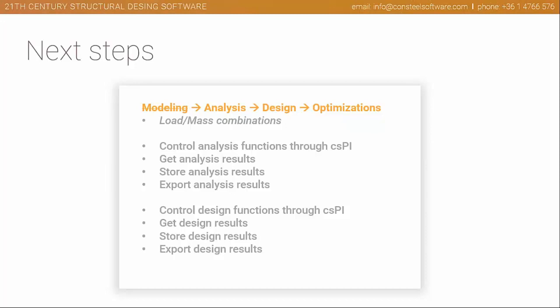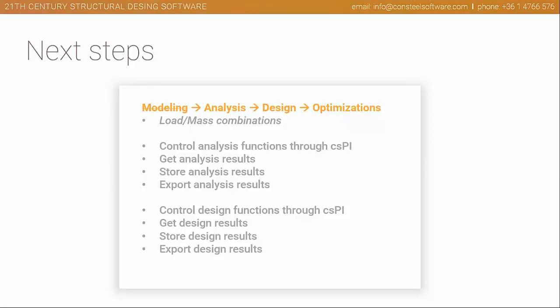One main function is missing right now, the load and mass combination creation and generation through csPI, and this will be implemented in the next version. But modeling functions are complete; we have a complete solution in the csPI. The next step will be to make the analysis and design functions available in csPI.